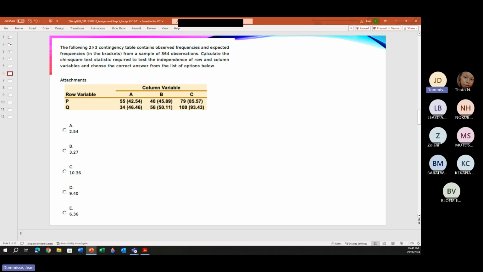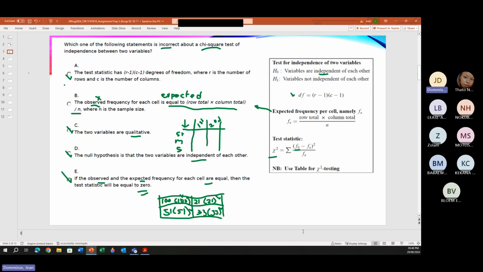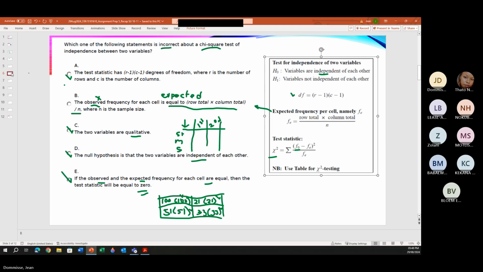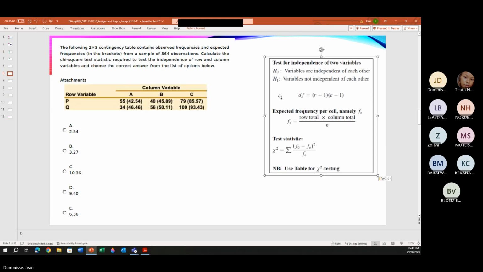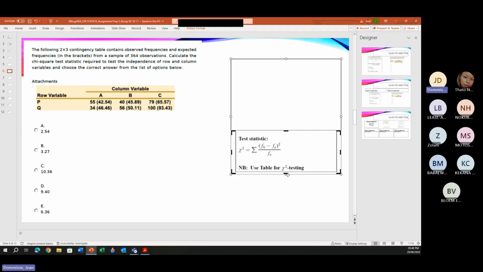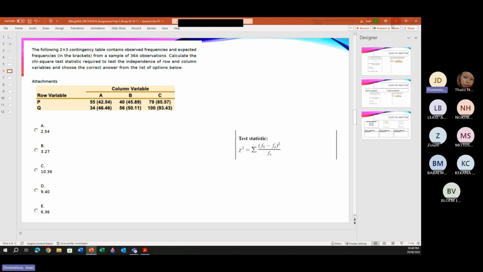Calculate the chi-squared test statistic required to test the independence. Okay, so now we need to do this sum, basically do this calculation.